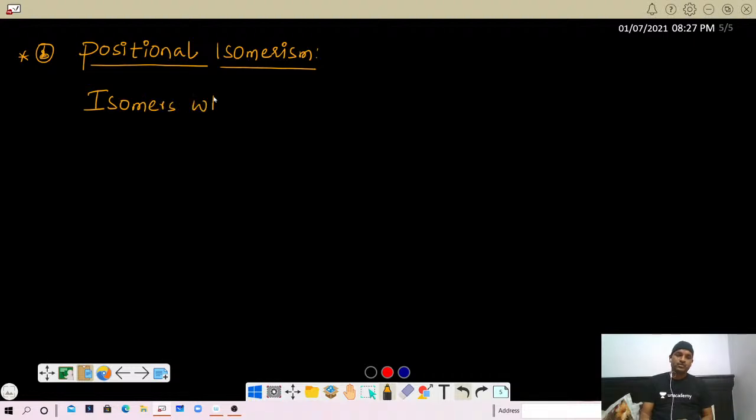which are differing. Simply you can understand what are chain isomers, what are positional isomers, what are structural isomers, functional isomers, etc. Simply we can write: isomers which differ in what?